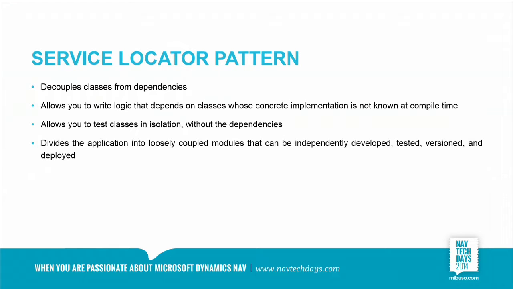The point of inversion of control is that my code calls your code, but not directly. It uses somebody else in between who tells me which code I should call. It hides the detailed implementation of the service and allows me to talk to an interface which knows what I'm trying to achieve, but doesn't know how those things will be achieved.